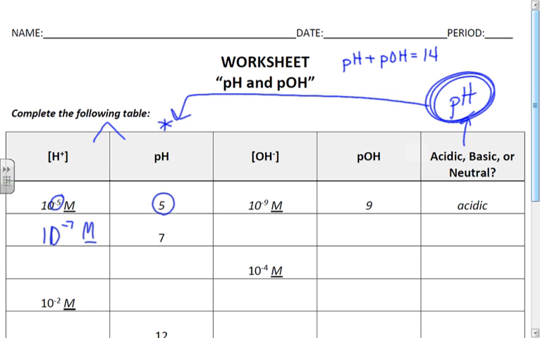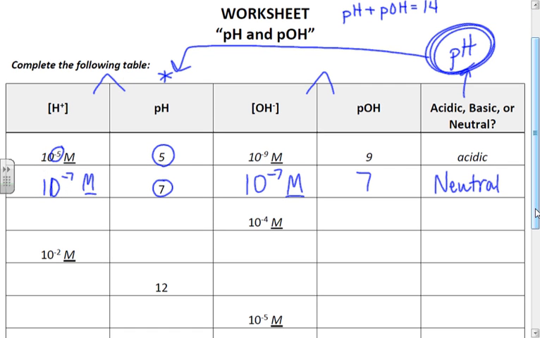So 14 minus 7 leaves us with a pOH of 7. These two go together. If the pOH is 7, then the hydroxide ion concentration is 10 to the negative 7. And then we look at the pH over here to see if it's acidic, basic, or neutral. And whenever it's neutral, it's at that value of 7.